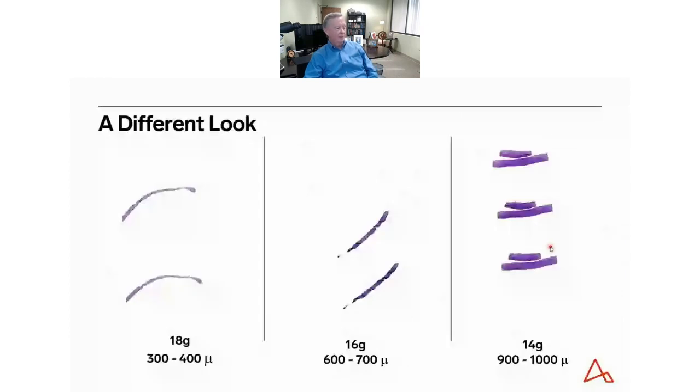This leads to problems. This is just a gross photograph taken with a cell phone of what the sections look like when we cut them and put them on a slide. So this is a normal 18 gauge biopsy. Doesn't look that much different than a 16. Looks a lot different than the 14.